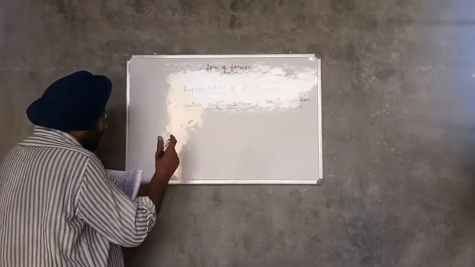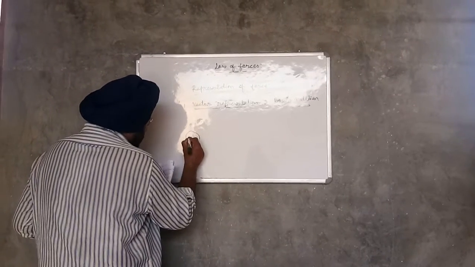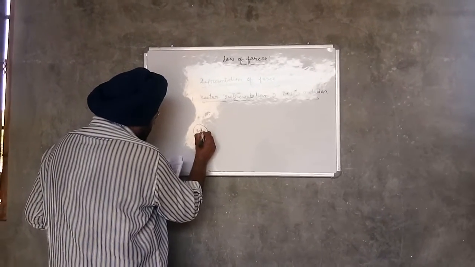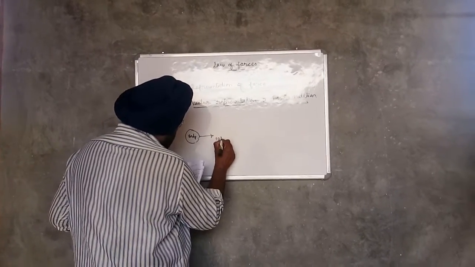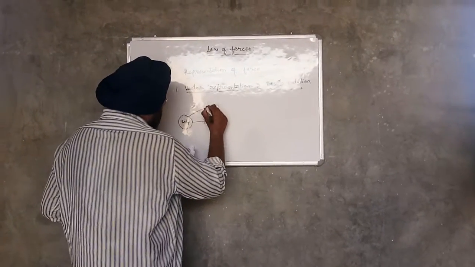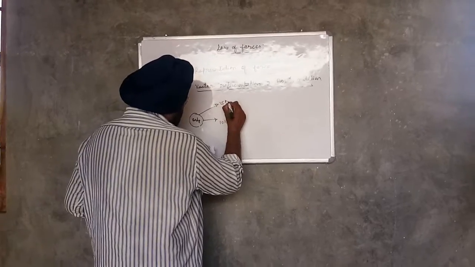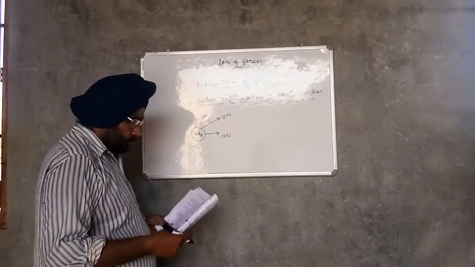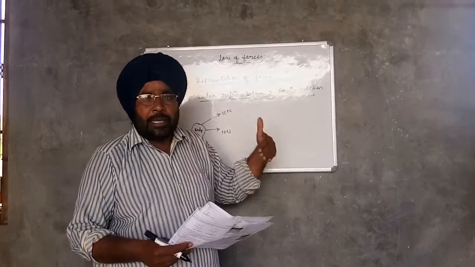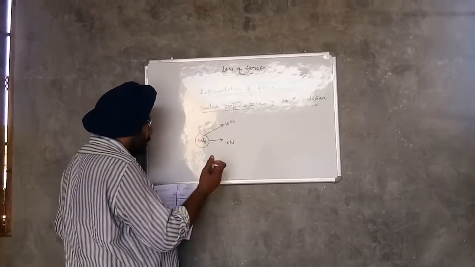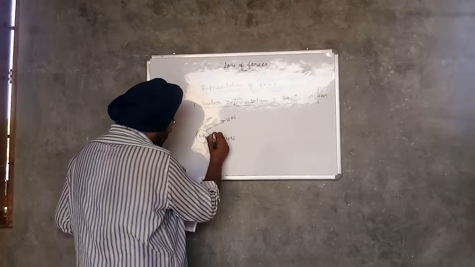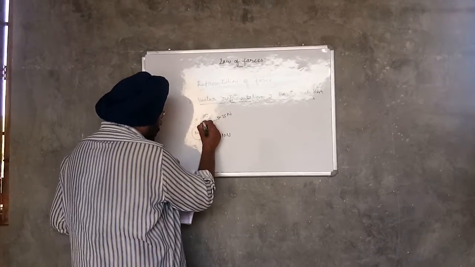So consider this body, and forces of 10 Newton and 15 Newton acting on the body. According to Gauss notation, capital letters are placed on either side of the line of action of the force. Here the placing of the letters is done anti-clockwise.